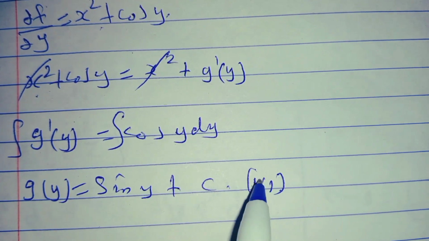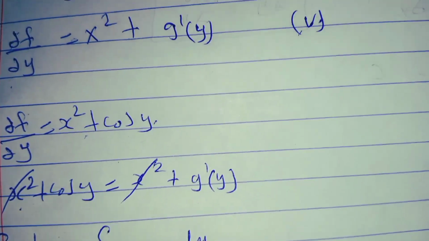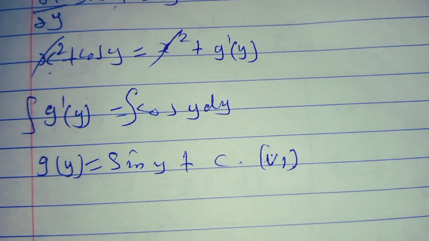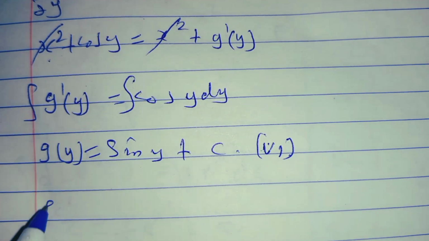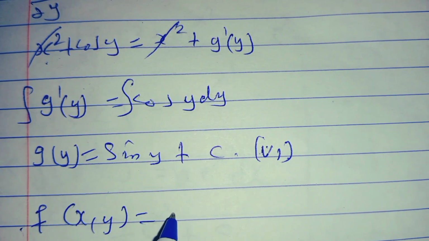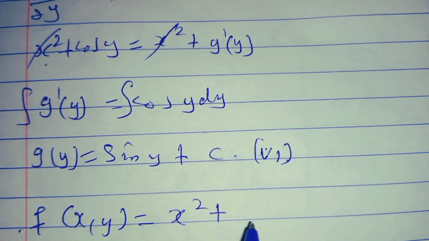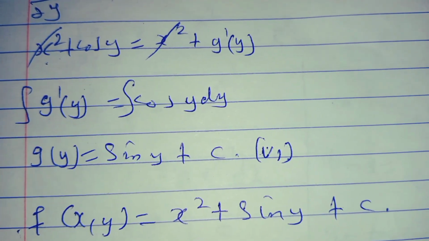Then you substitute equation 6 in equation 4. Equation 4 is here. We substitute equation 6 in equation 4 to obtain the following. So our result will be f of xy is equal to x squared y plus sine of y plus constant c.